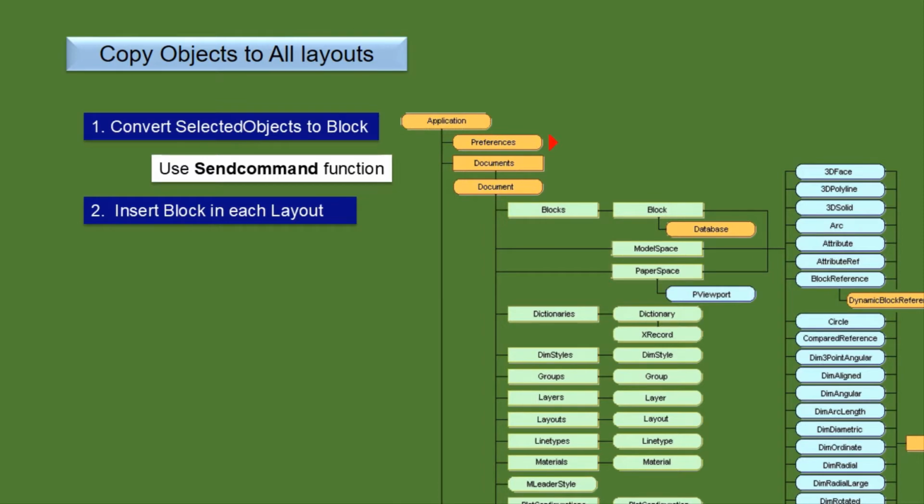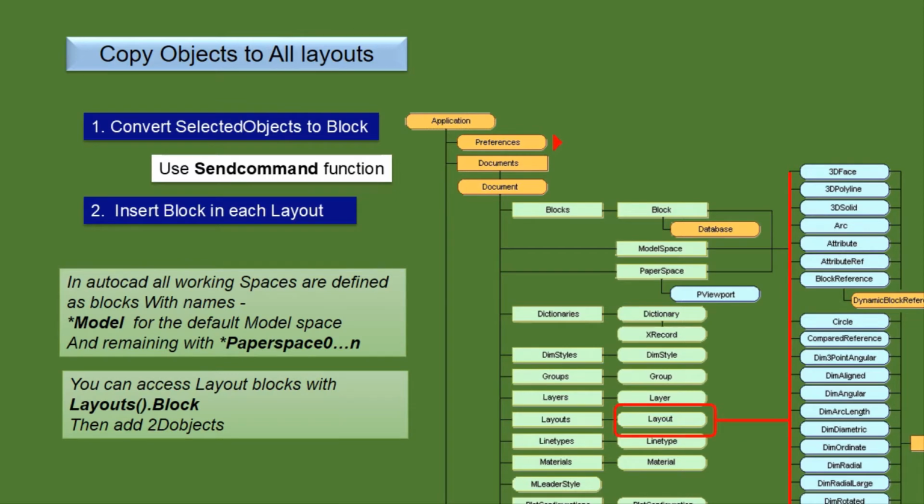Here we can skip the AutoCAD application because we are running from the AutoCAD application, so we can go directly to the drawing, then call where you want to create the objects, either block, model space or paper space. Here we are inserting a block in the layout.